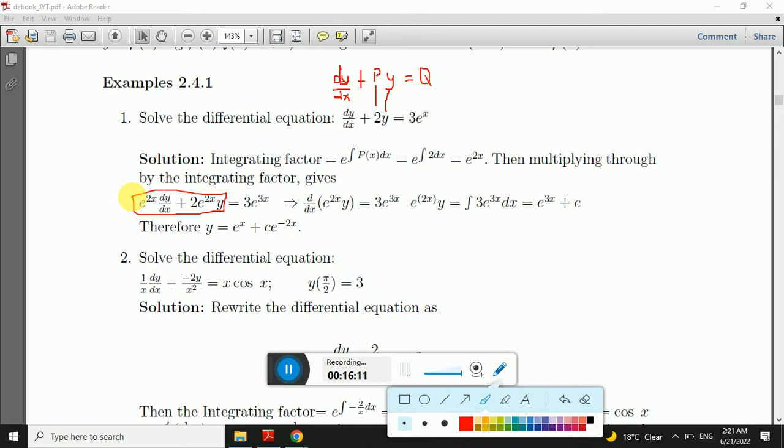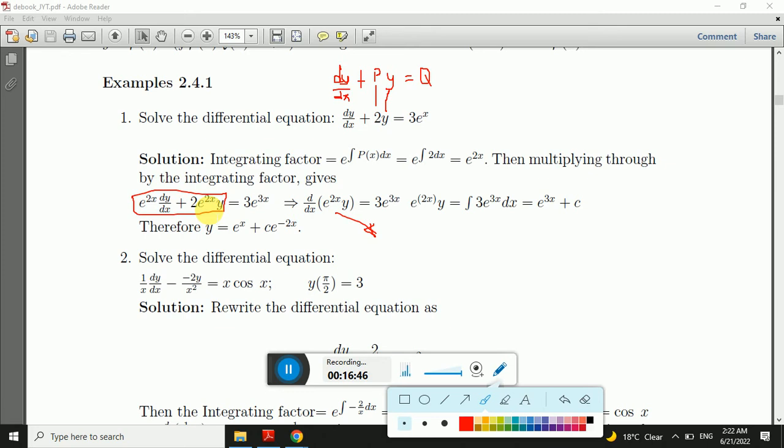For example, this left hand side here was got by differentiating e to power 2x y, which is here. Use the product rule to differentiate this. You realize that it will give you e to power 2x dy dx plus 2e to power 2x y.